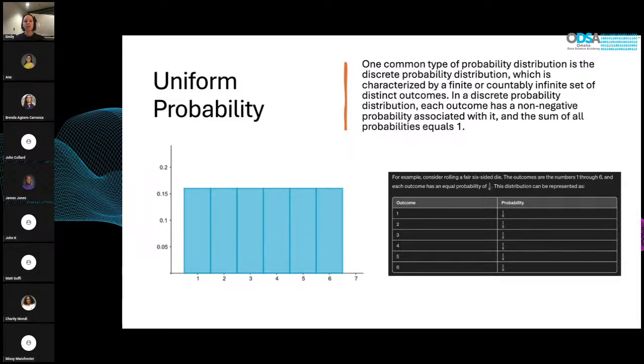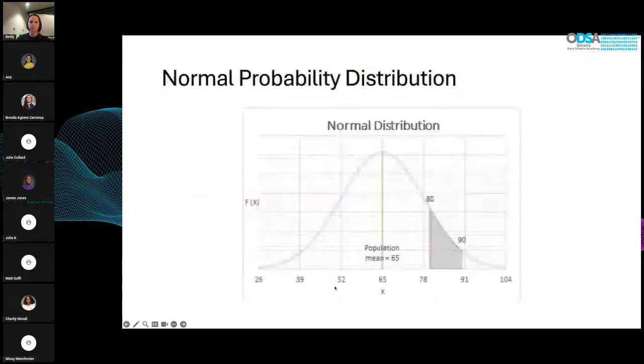The likelihood that each event occurs is uniform, meaning it is the same for every event. So this is a uniform probability distribution. They have equal likelihoods of the event occurring. I just want to describe to you that this is the shape of a uniform probability distribution.